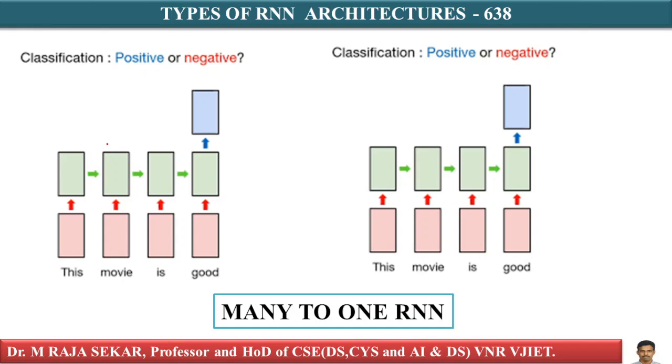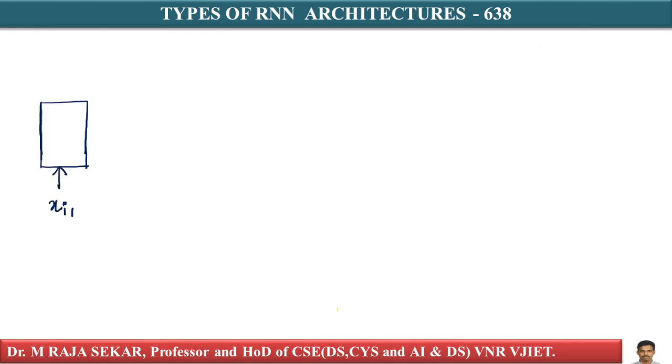In this lecture, we will try to understand types of RNN. We have seen one type of RNN architecture. Let me just draw what we have seen till now. We have xi1.